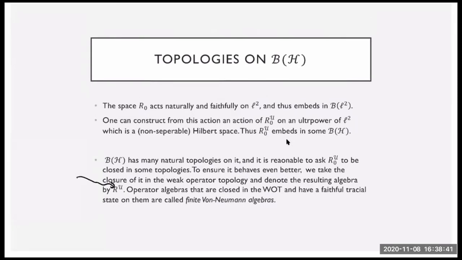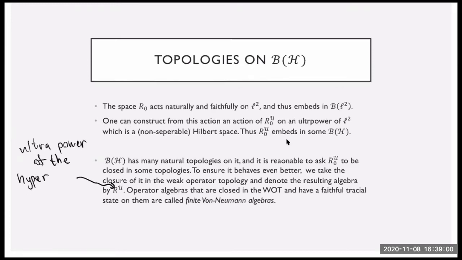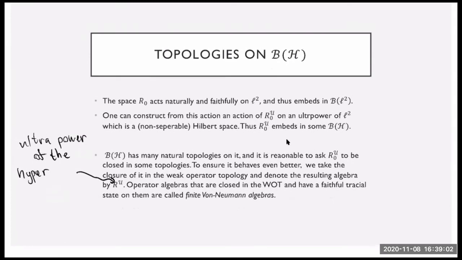It's a bit of a mouthful, but this is called the ultra power of the hyperfinite II_1 factor. So if you ever hear about the ultra power of the hyperfinite II_1 factor, this is this.